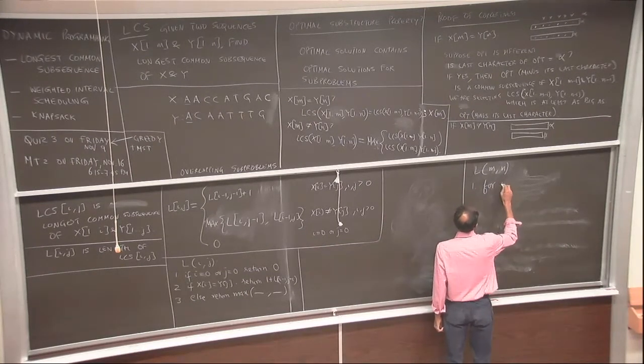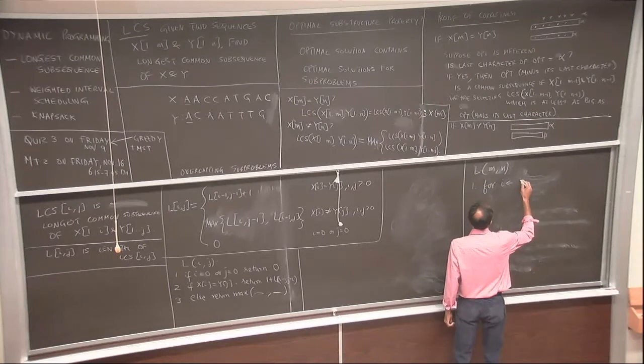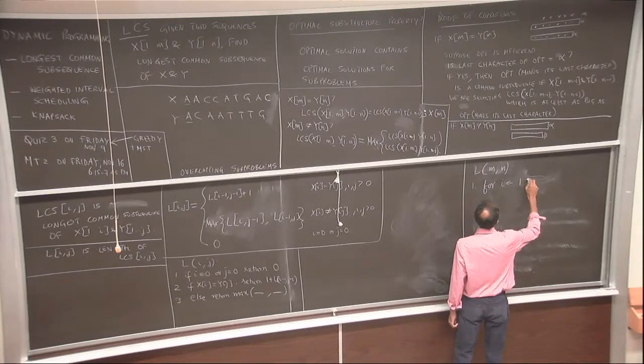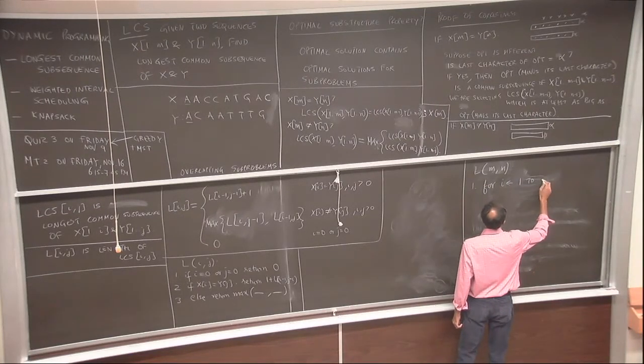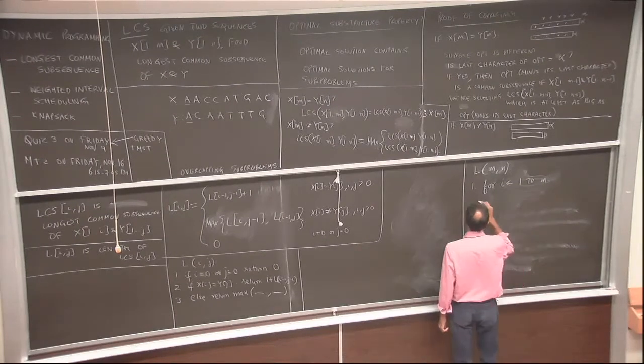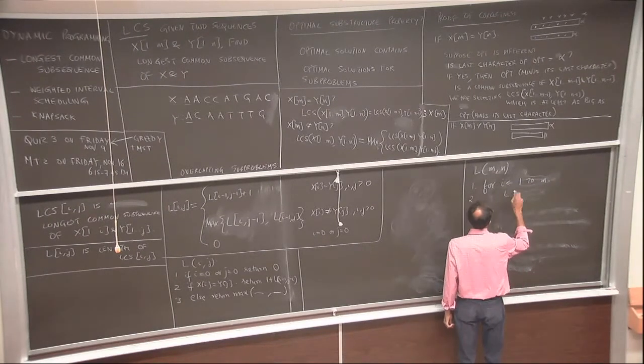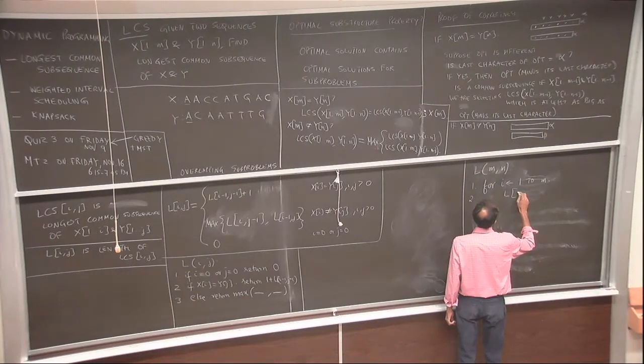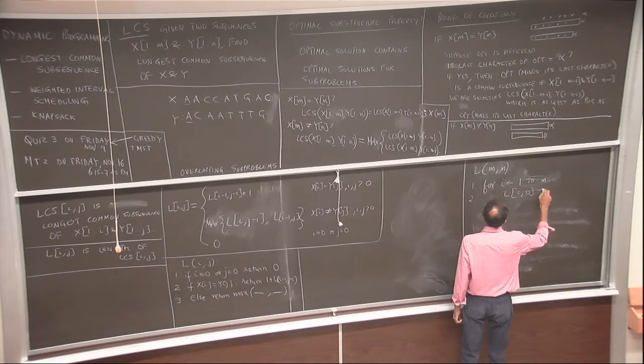For i going from 1 to m, you set L(i,0) to be 0.